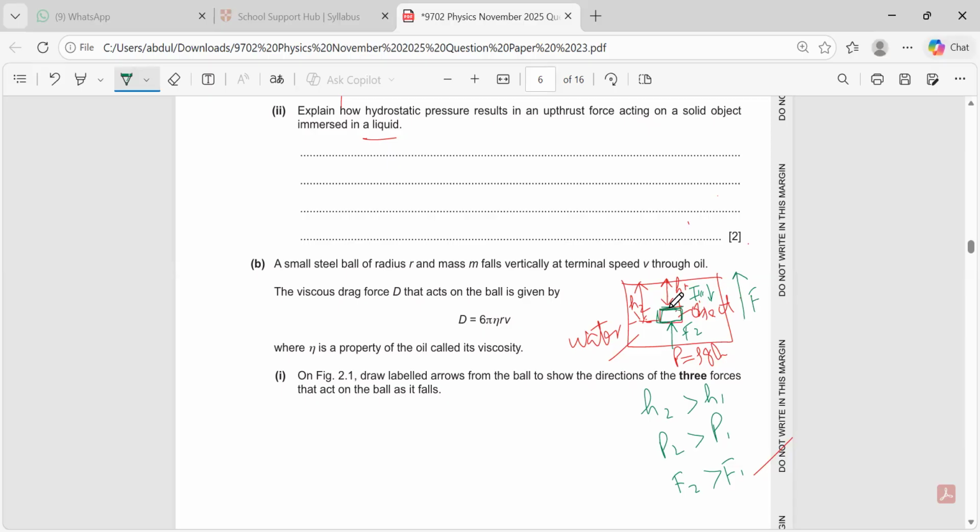The area of the top surface and the bottom surface is the same, so where pressure is more, force will be more. Pressure is greater at the bottom edge as compared to the top edge due to the fluid. So this difference in pressure will lead to a difference in force, and that difference in force will lead to the upthrust.